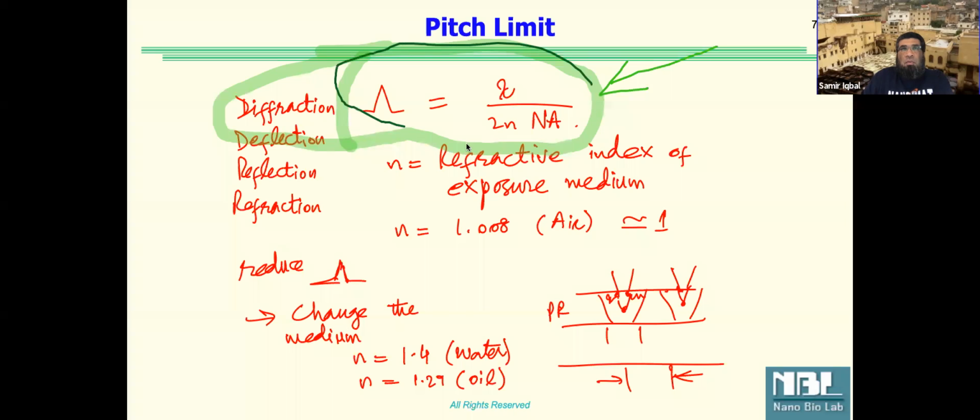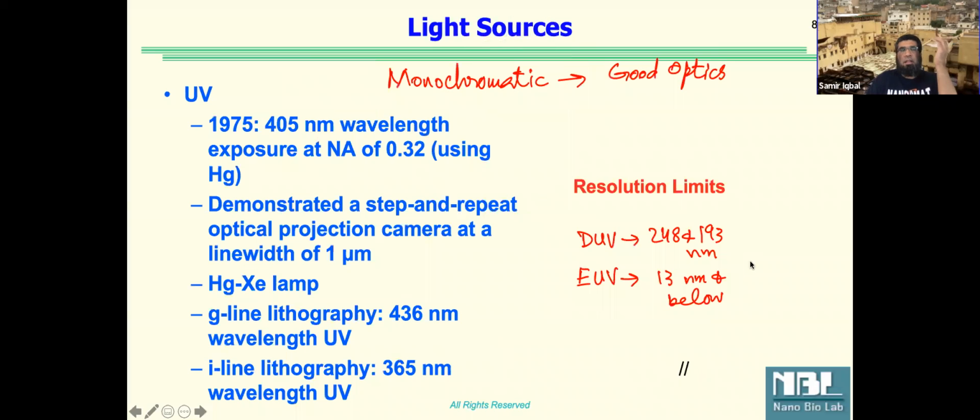So when you have these features in front of you, whatever light we use, wavelength is going to be the most important factor in deciding how we do nanofabrication, how we make small things. If you want to make things smaller, you can just keep on making lambda smaller and smaller. And this is what they did.